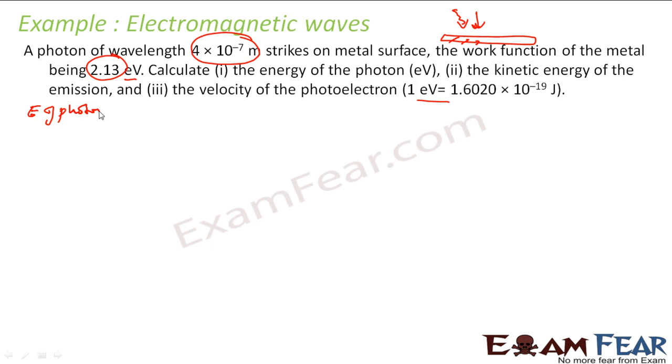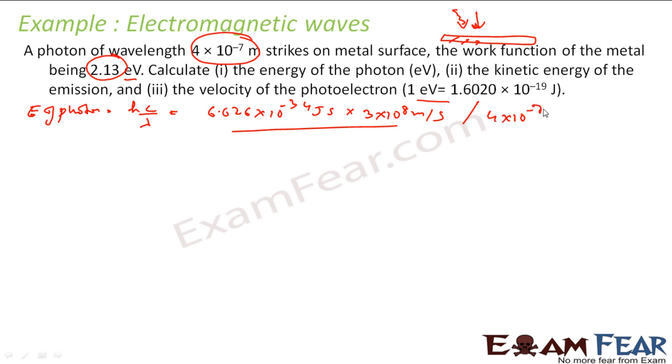Energy of photon is nothing but hc by lambda. Put the value of h, Planck's constant, 6.626 into 10 to the power minus 34 joule second, c is 3 into 10 to the power 8 meter per second, and divide by lambda, which is 4 into 10 to the power minus 7 meter. If you solve this, you get 4.9695 into 10 to the power minus 19 joules.